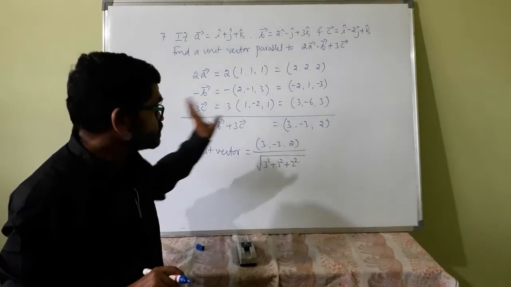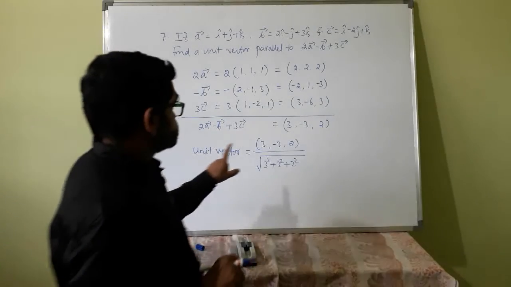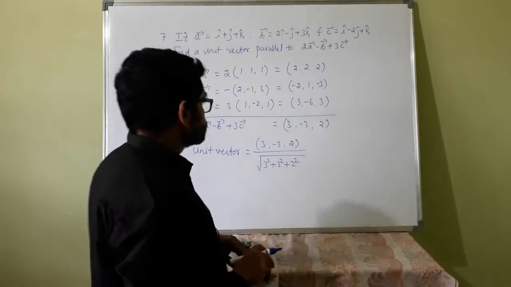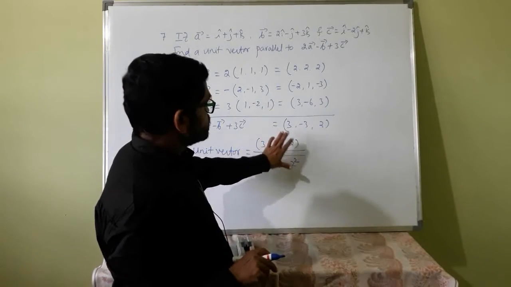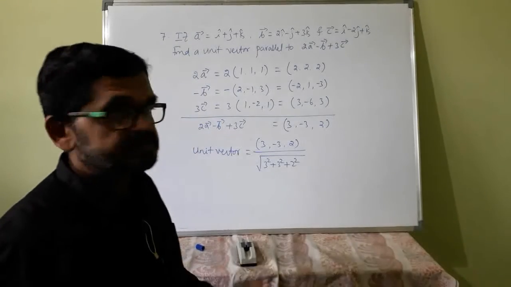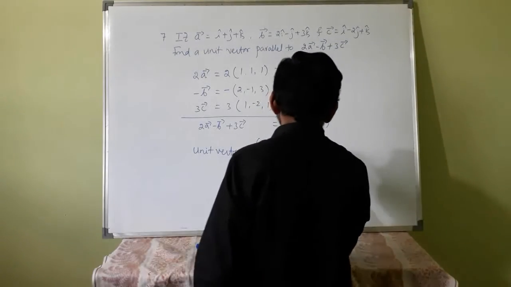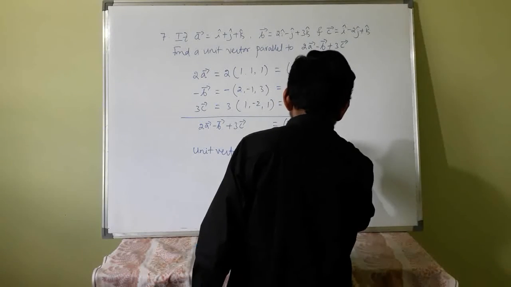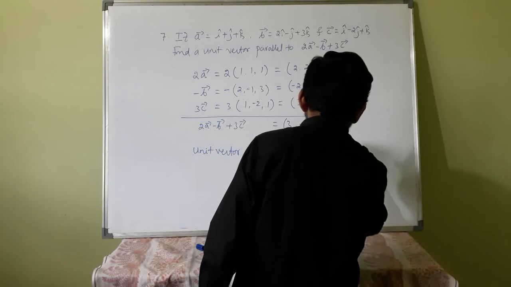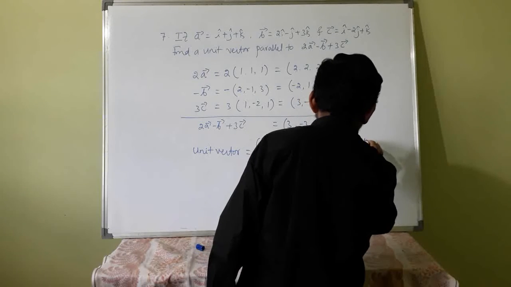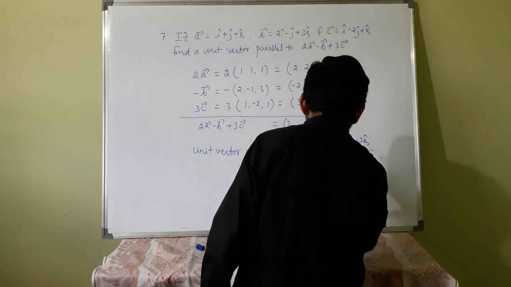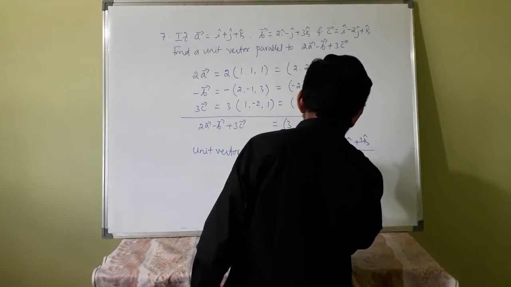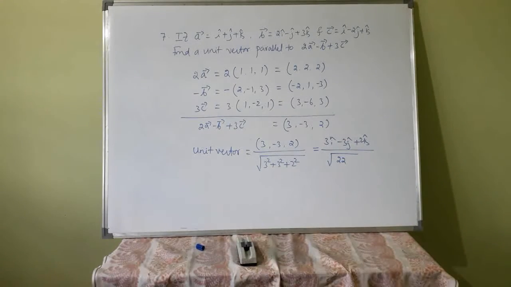I am writing like this only. Otherwise you have to put the brackets, or you may get 0 there. Divided by, this is 9 plus 9, 18, plus 4, 22, root 22.